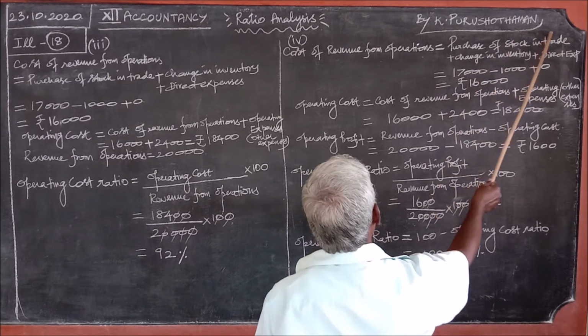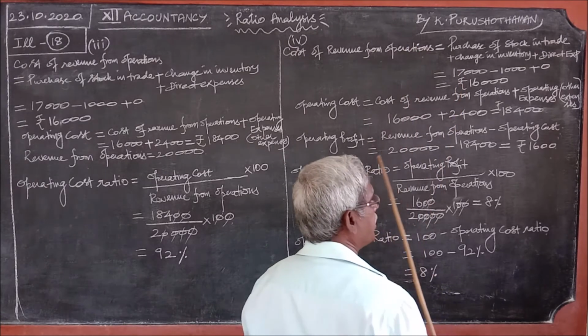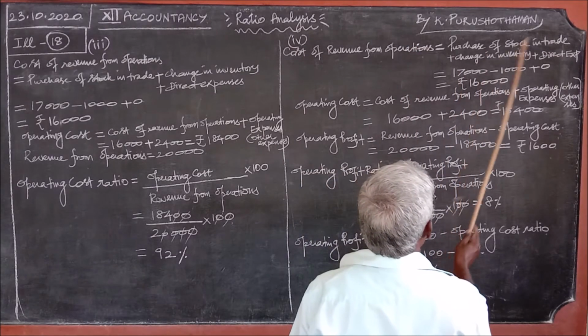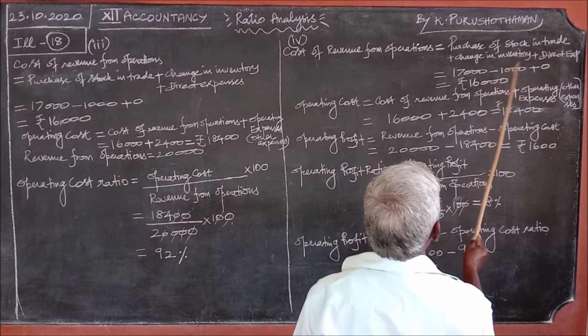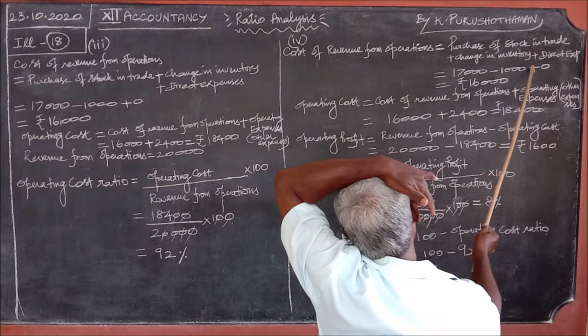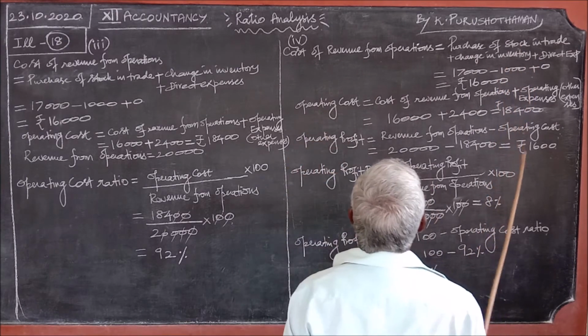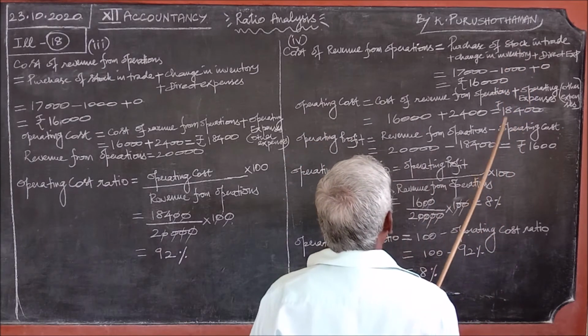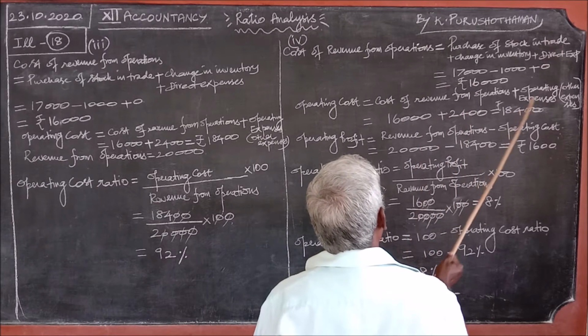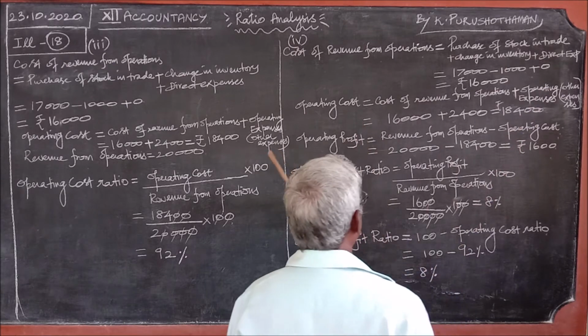If we add these three values, we will get the cost of revenue from operations. The first item 17,000, second item change in inventory minus 1,000, direct expenses not given in the problem, therefore 0. 17,000 minus 1,000, 16,000. So cost of revenue from operations 16,000, operating expenses 2,400, 18,400.